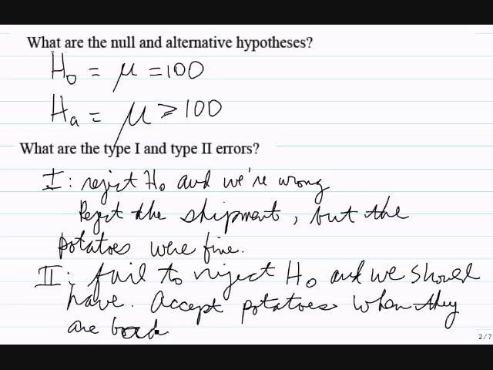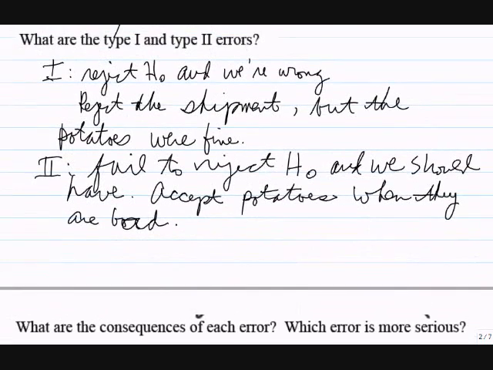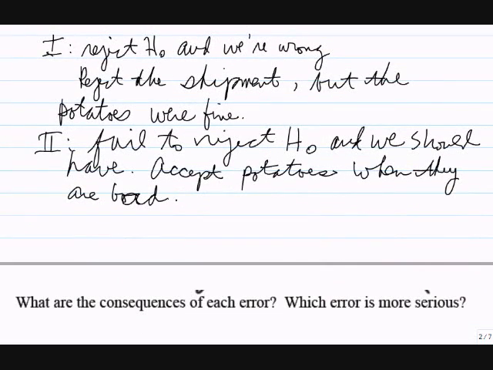And you know, potatoes. They're like a life and death situation. So we've got to be concerned with this. You only get one chance to sample the truck, and you send it on its way. You either take those potatoes or you send them on their way.